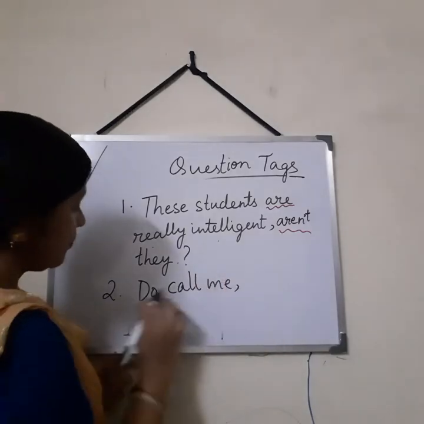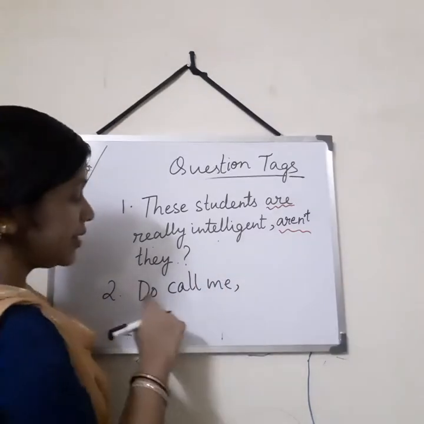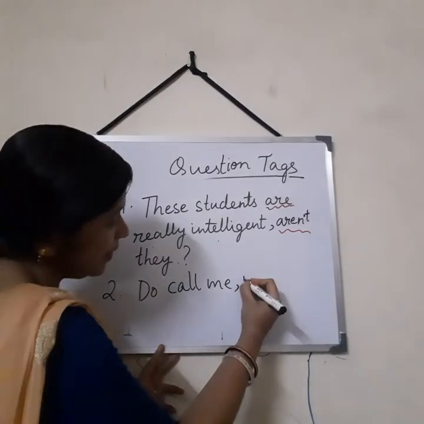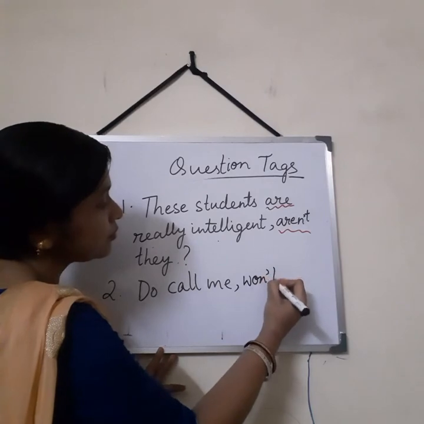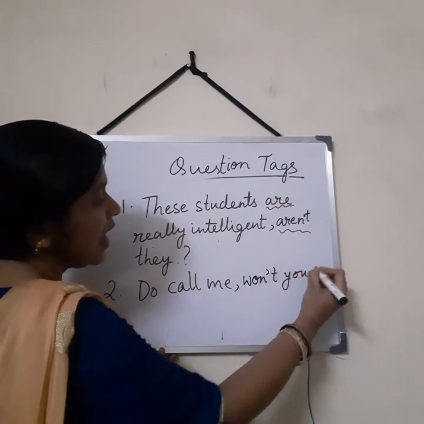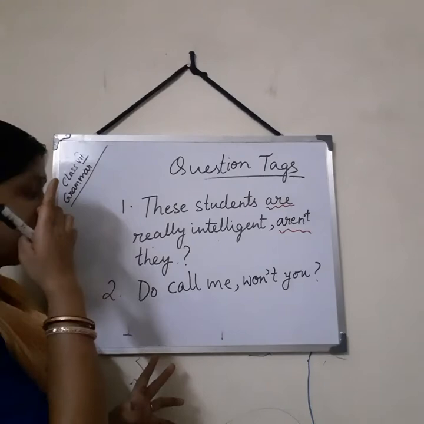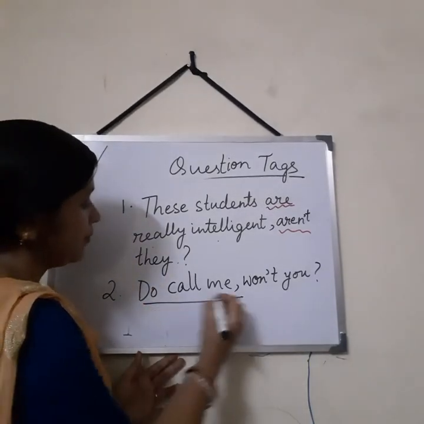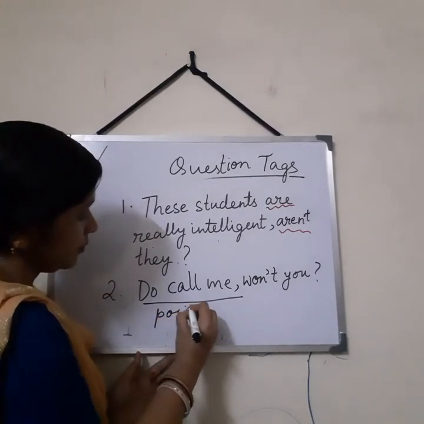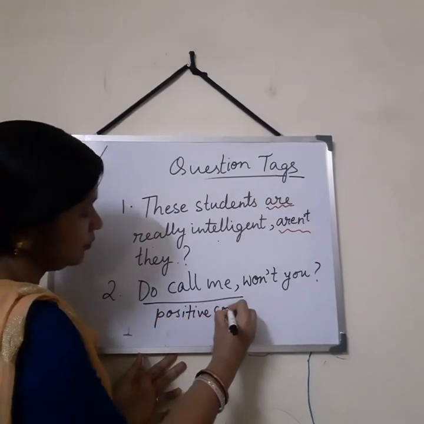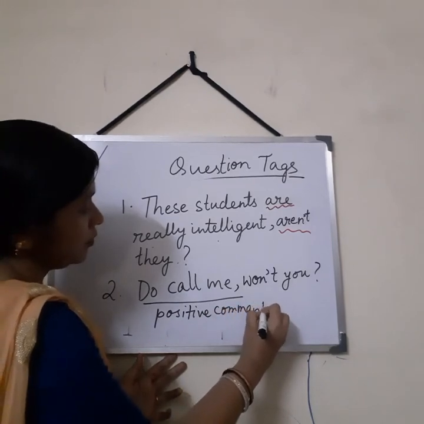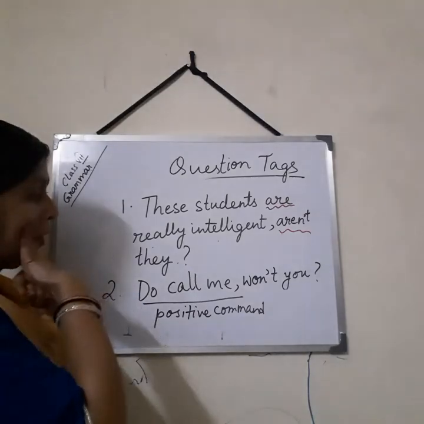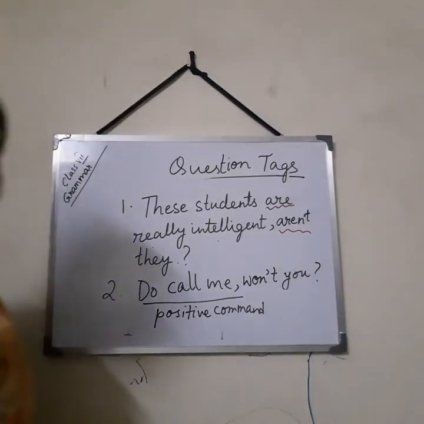We won't use the same auxiliary here, but rather we would use do call me, won't you, as it seems proper. Sometimes will you, sometimes won't you. As this is a positive command, we use the question tag won't you. Okay, so this too you have understood, I hope.